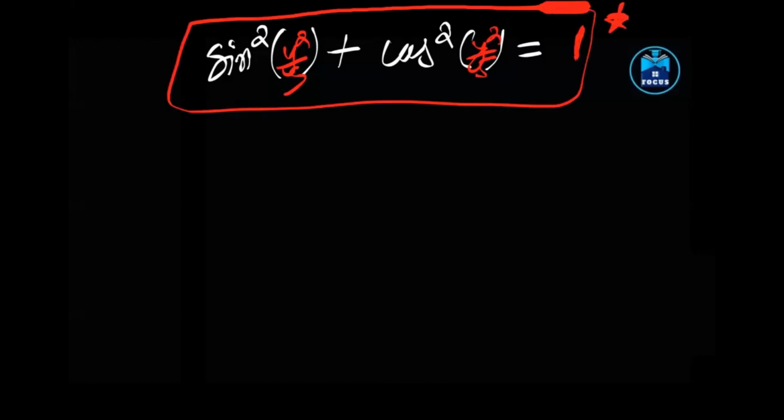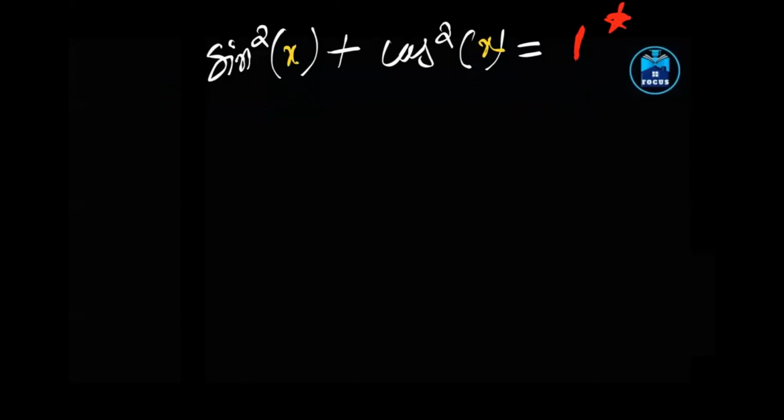Okay. So if you understand this basic concept, let's move on to the next simple concept. That is how to remember 2 more formulas just by using this basic formula. Okay. So what we are going to do, we are going to divide this by cos square x.